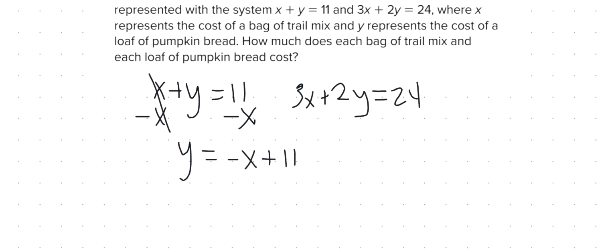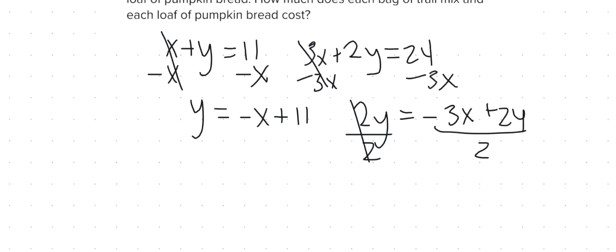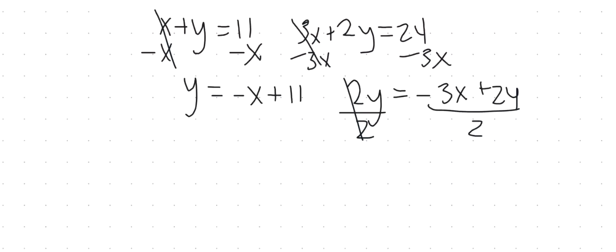Okay, now let's do the same thing with this one. We subtract 3x on both sides. So 2y is equal to negative 3x plus 24. Now I need to divide by 2. Remember, when we divide by 2, both terms are affected.